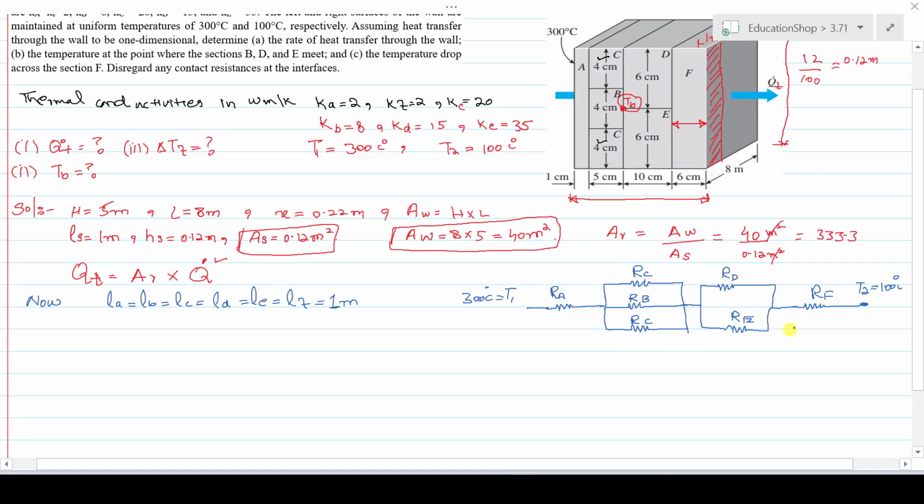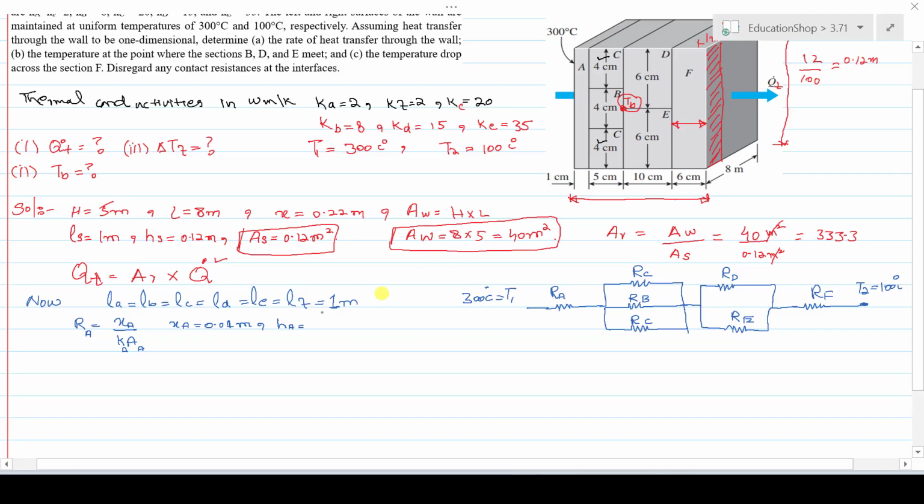So we will find the total resistance that is offered to the heat transfer for each section. Now the formula to find the resistance is equal to X divided by KA. First we need to find the resistance RA. The thickness of section A is 1 centimeter, as mentioned in the diagram. So divide by 100 to convert into meters, and it will be equal to 0.01 meter. And the height of this section is HA, and we simply add these three fours, which becomes 12 centimeters, and divide by 100 to convert into meters.